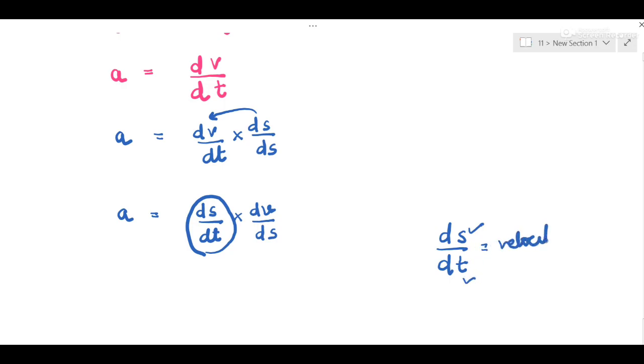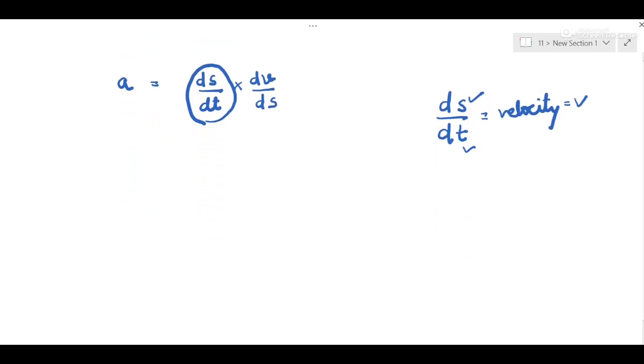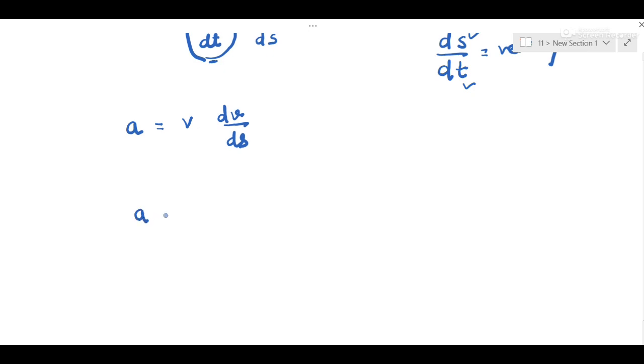That is, this quantity is v. So we'll write here a v, this is v, this is dv by ds as it is. So a ds will come to this side is equal to v dv.